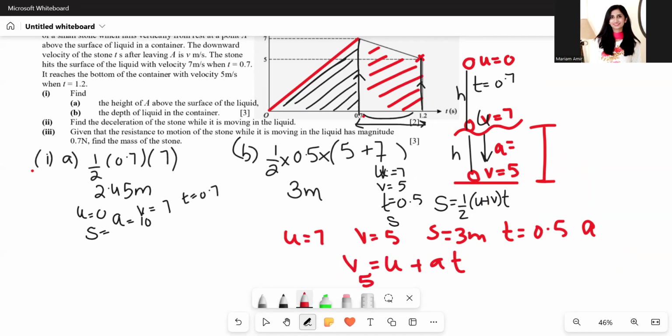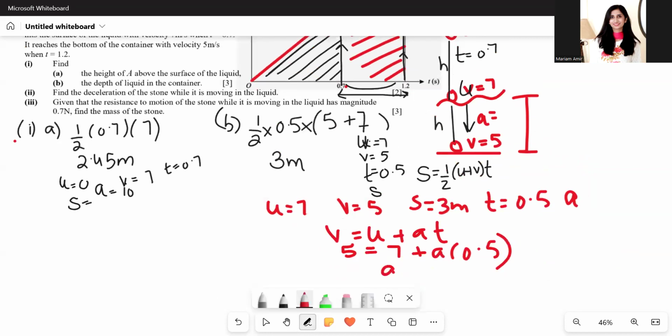So 5 equals 7 plus A times 0.5. This gives minus 4. Acceleration would be minus 4. So deceleration is just the magnitude, 4 meters per second square.